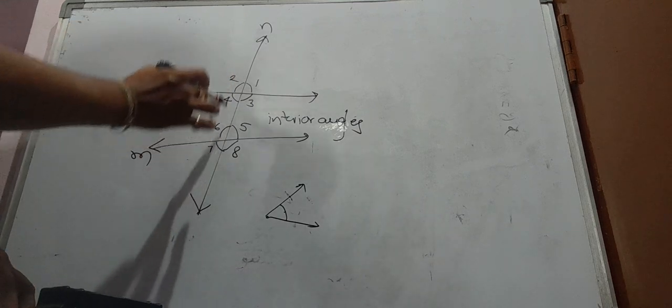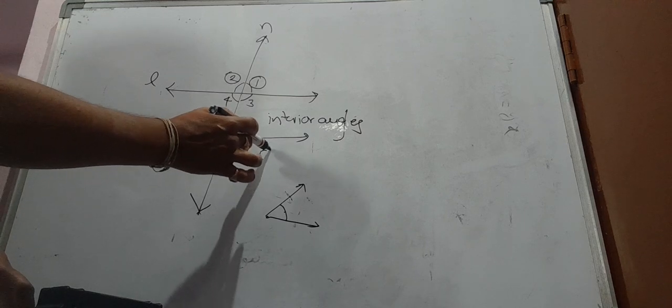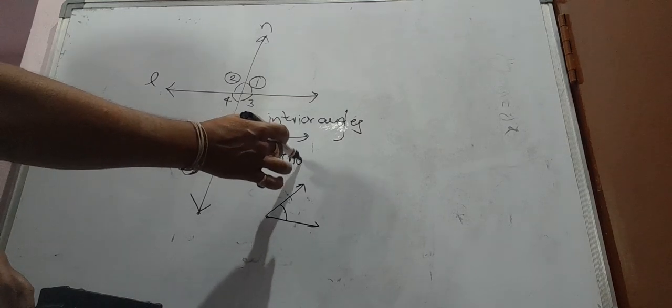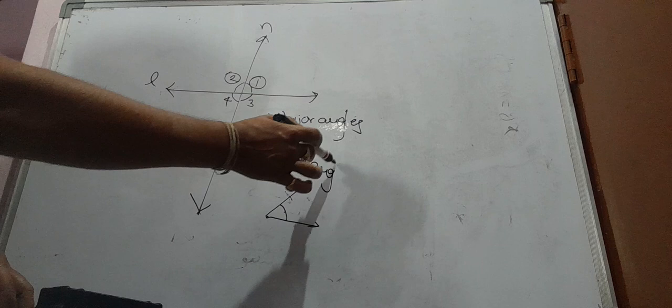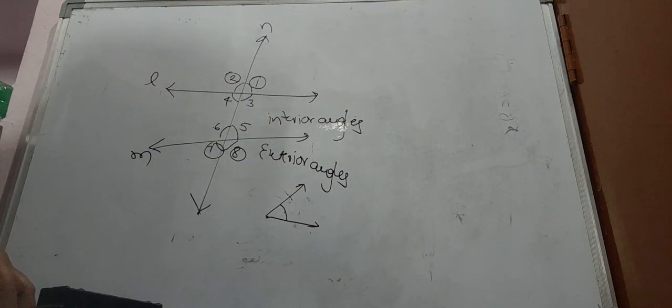And outside we have 1, 2, 7, 8. They are called exterior angles. The inside angles are called interior angles and the outside angles are called exterior angles. After discussing interior angles and exterior angles, we will know corresponding angles.